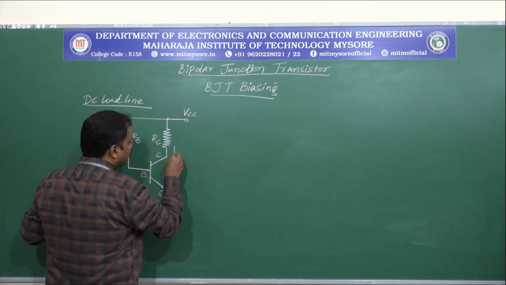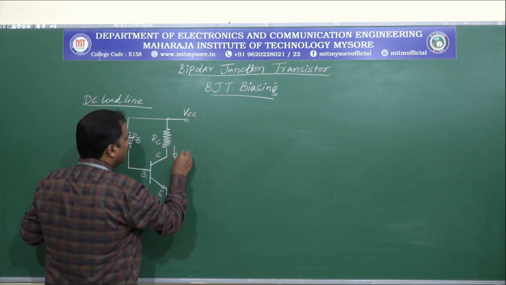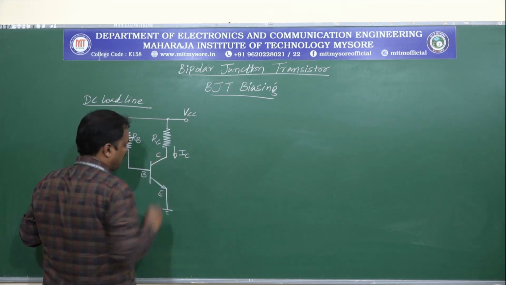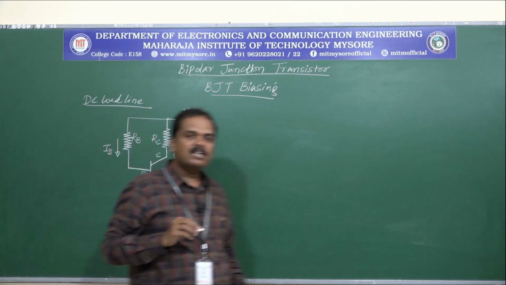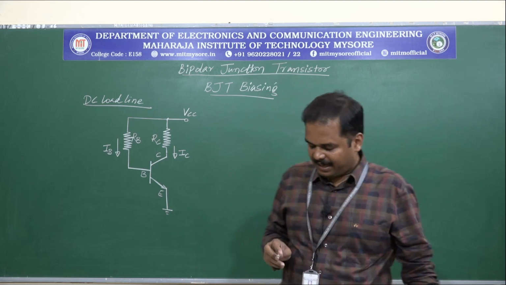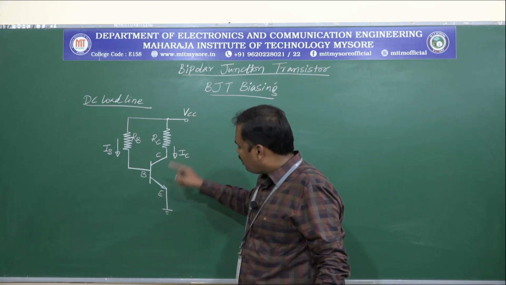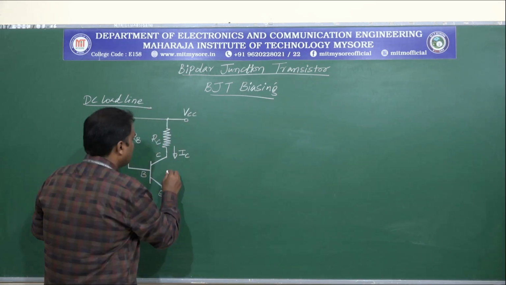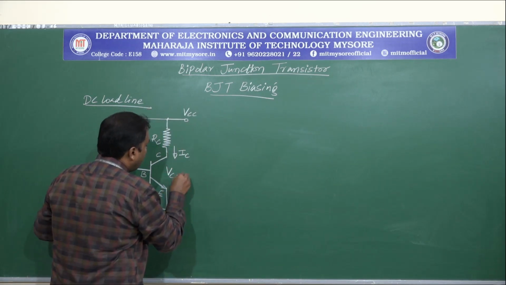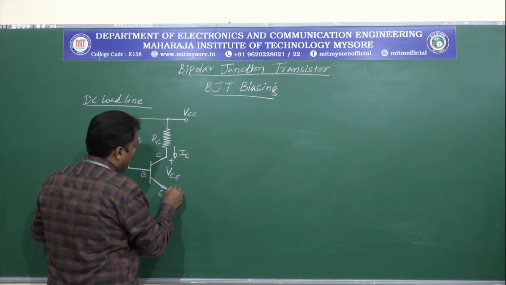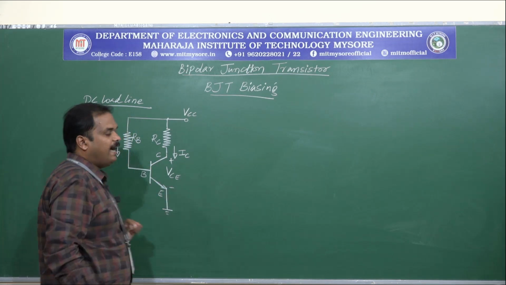The current that is flowing into the collector, we'll call this IC, that is the collector current. And the voltage between the collector terminal and the emitter terminal, we'll call this VCE, and these are the polarities we have.